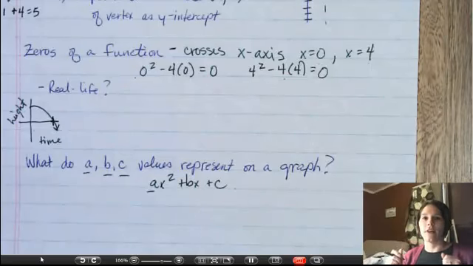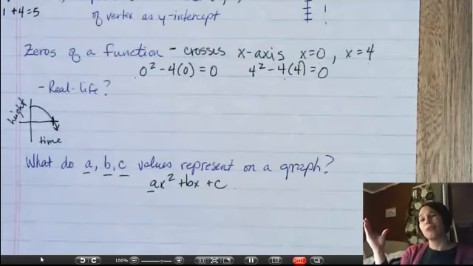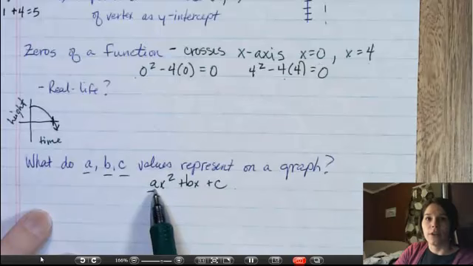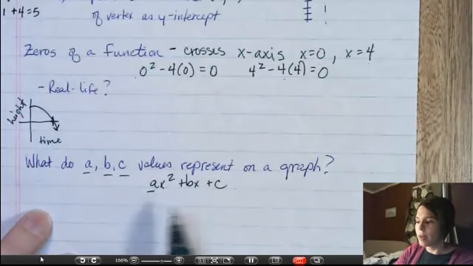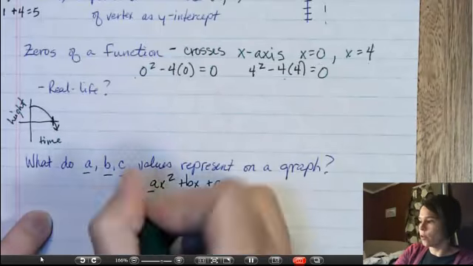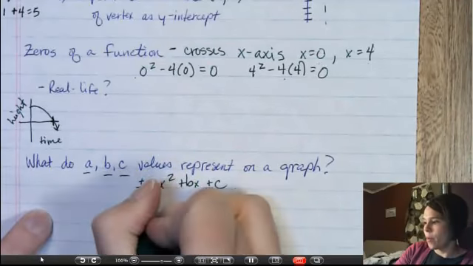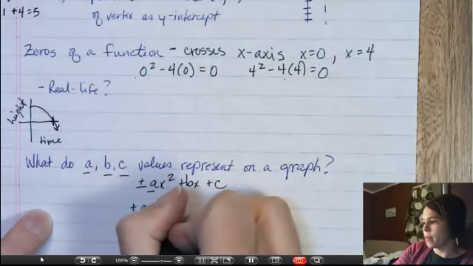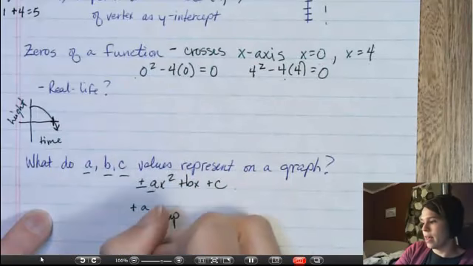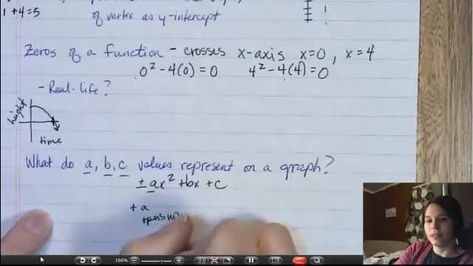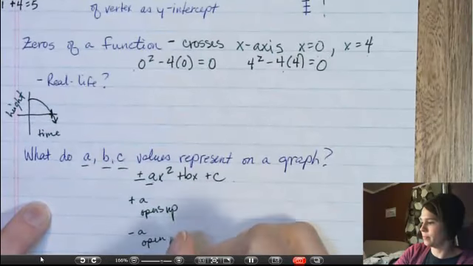A small A value between 0 and 1 makes it grow slowly and opens it up really wide. We're looking at the absolute value. The positive or the negative doesn't matter as far as the width. The positive or the negative tells me whether it opens up or down. Positive A opens up. Negative A opens down.